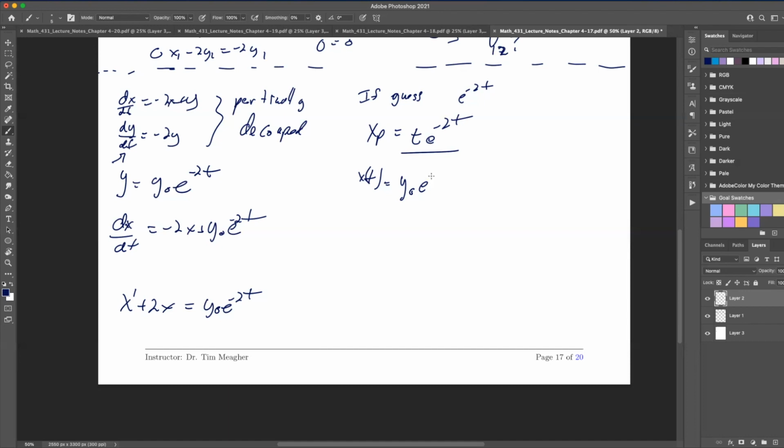Oh yes, so y naught t e to the minus 2t, because that's what our guess is. It ends up being y naught once we crunch through the numbers, plus our homogeneous solution. Our homogeneous solution, of course, was e to the minus 2t. So this is our homogeneous solution. This was our particular solution. Okay.